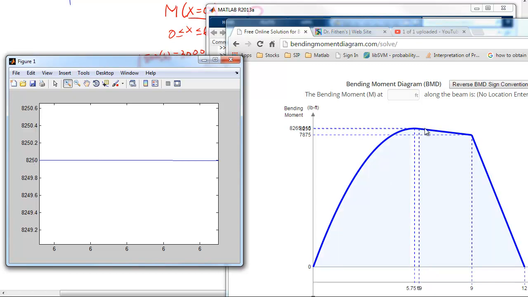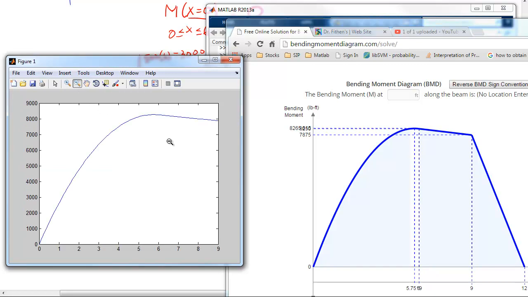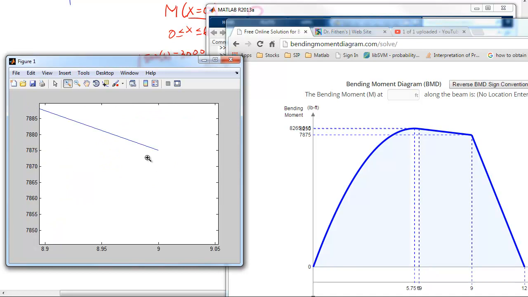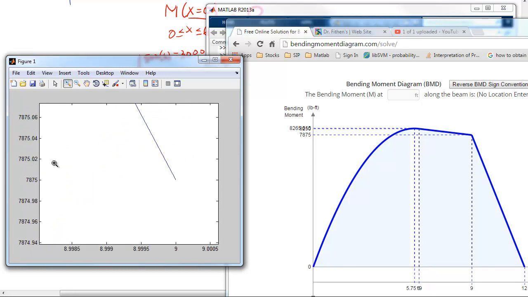This looks pretty good. 8250. 8250. I'm pretty good. Let's go over to the other end, which is 9 at 7875. Let's see. 9, moment there, 7875. So in fact, you look across right here, you're at 9 and 7875, so we match that.